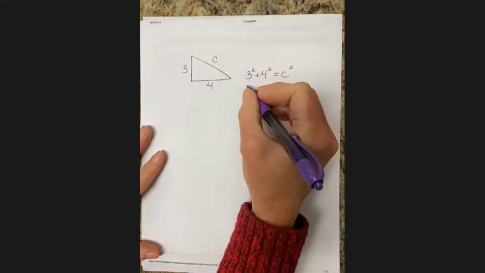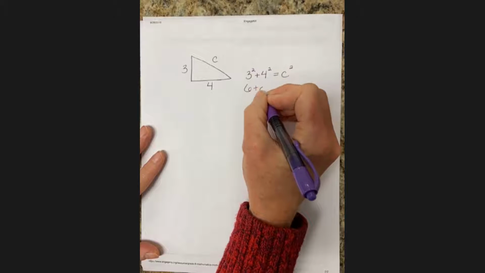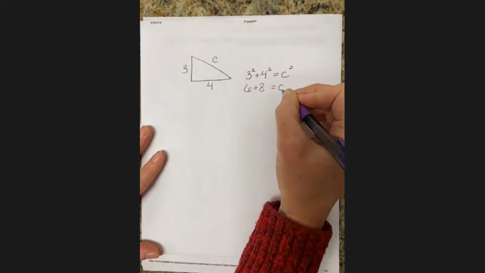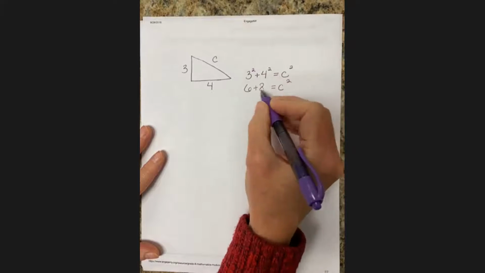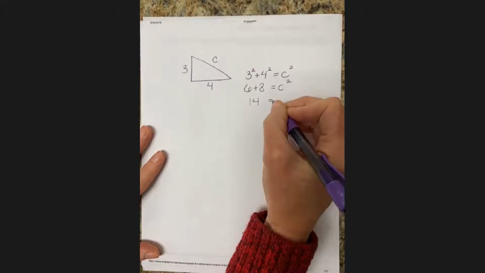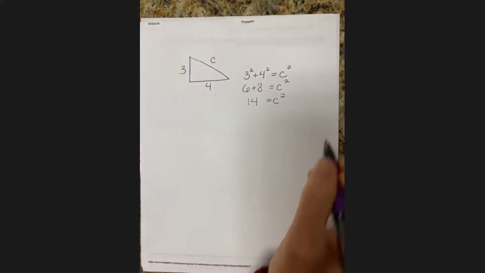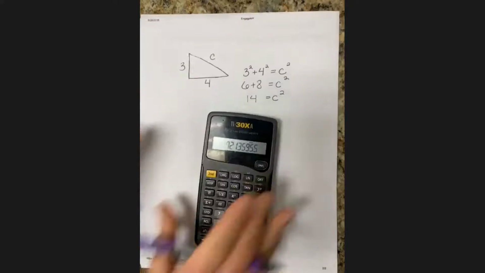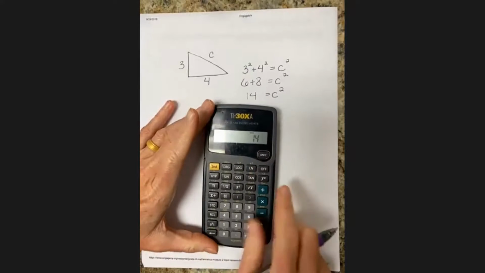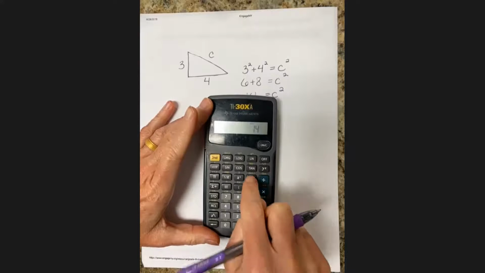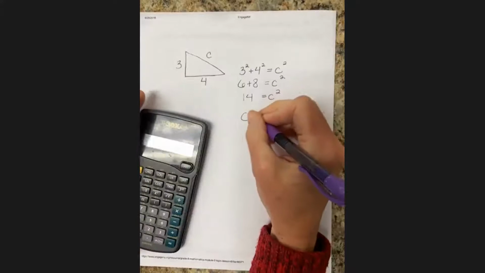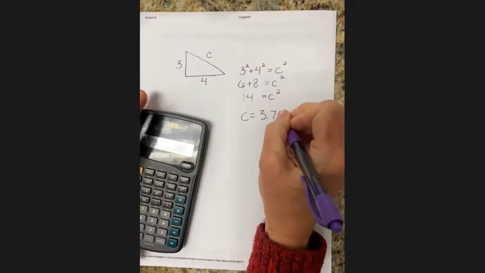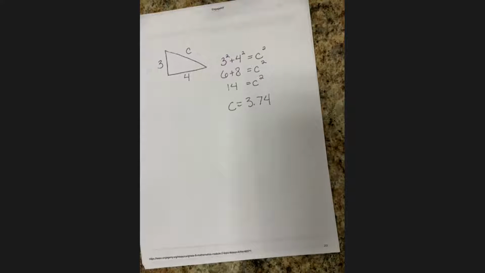Well, 3 times 2 is 6 plus 8 equals C squared. 6 plus 8 is 14 equals C squared. I don't know what the square root of 14 is just off the top of my brain, so I'm going to grab my calculator and do 14 square root and C equals 3.74. What did I do wrong?